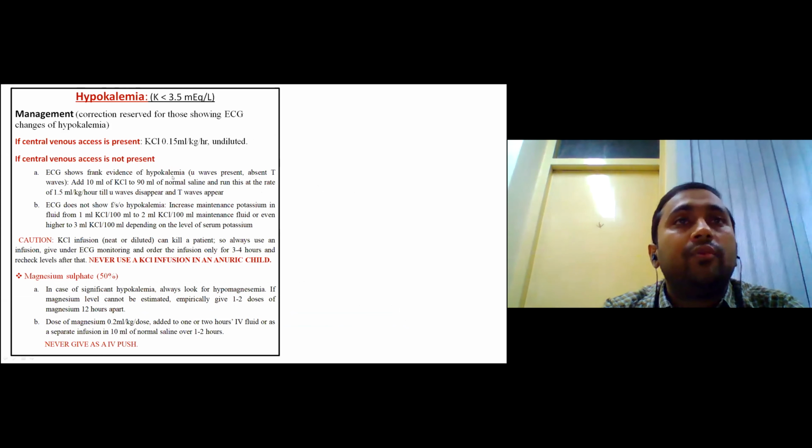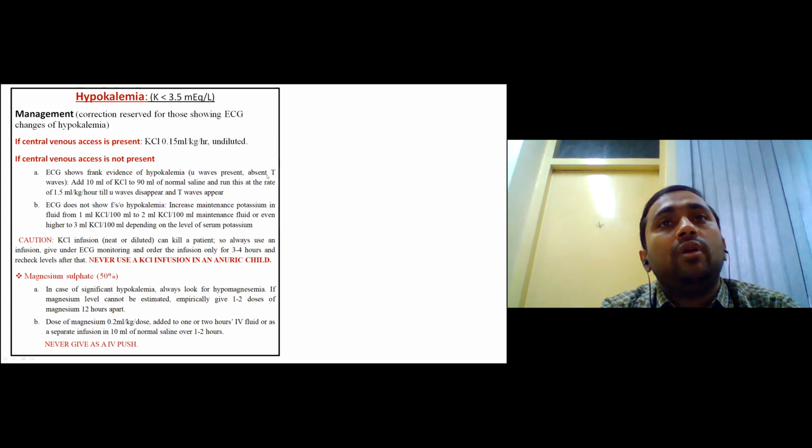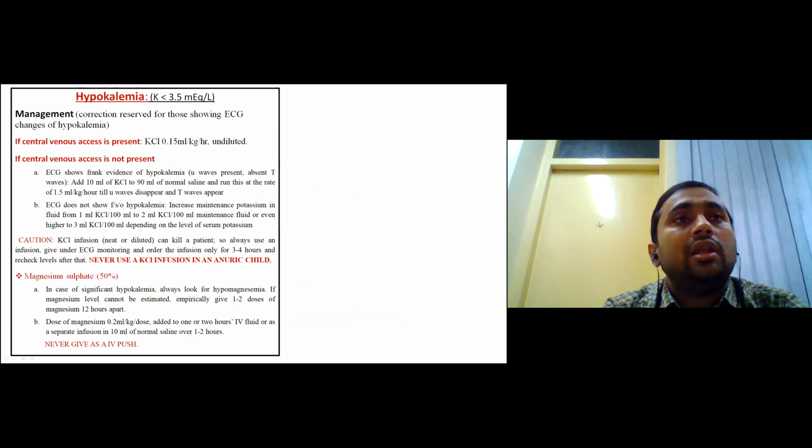When the ECG is showing frank evidence of hypokalemia, that's U wave and absent T wave, then we give concentrated KCl like 10 ml of KCl with 90 ml of normal saline, and we run with this rate till the ECG findings disappear. But when ECG findings are not there, then we just increase the potassium concentration in the maintenance fluid from 1 ml per 100 ml to 2 ml per 100 ml, or a max of 3 ml per 100 ml.